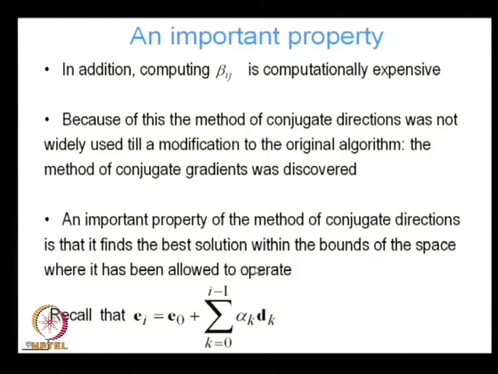Because it gives me the minimum error. So, up till now I have allowed it to operate in the space D_i. I have allowed it to operate in the space e_0, which I started with, and D_i. So, in that subspace it gave me the best solution. So, that is the idea.